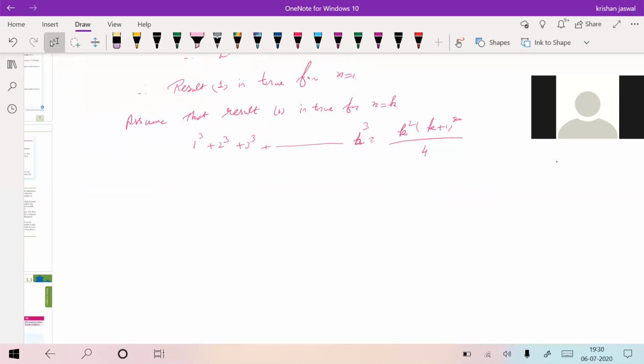Now what will we add to both sides? Only k plus 1.